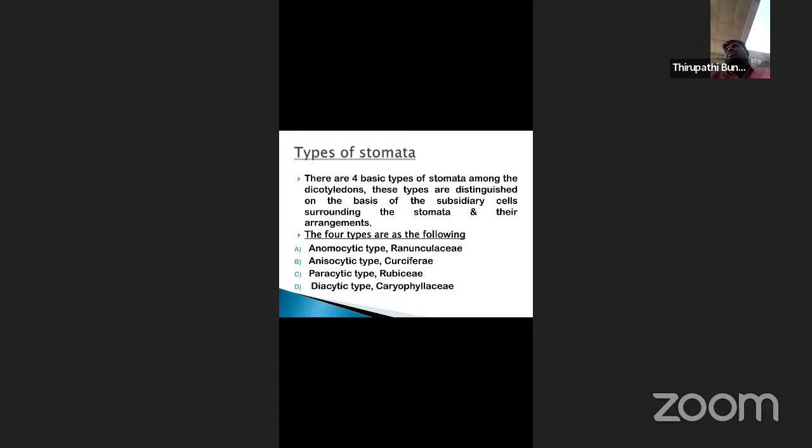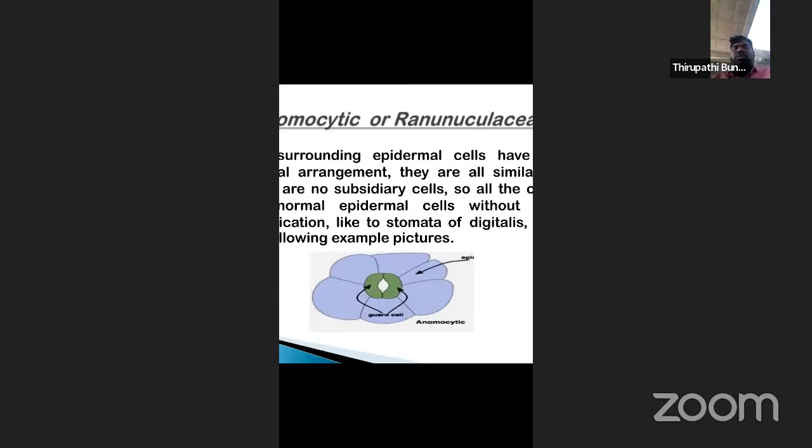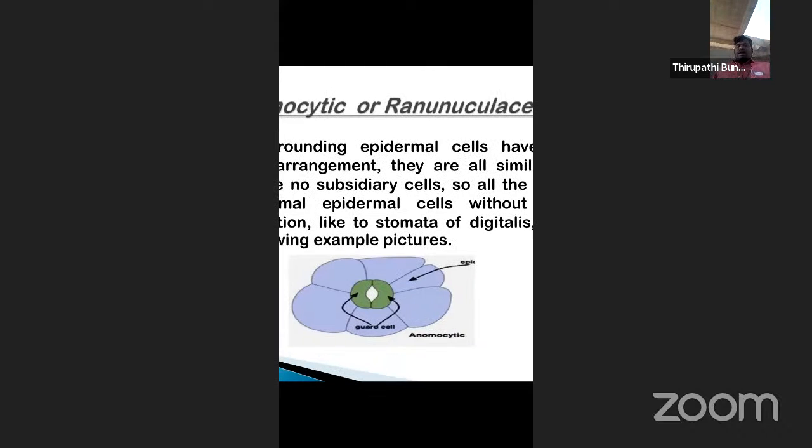They are all similar. There are no subsidiary cells. All are normal epidermal cells without any modification. This type of stomata is called anomocytic.